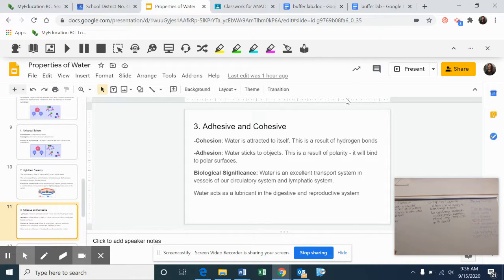Excellent transport system. And we see water being transported around our body and transporting other molecules and things in your circulatory system.